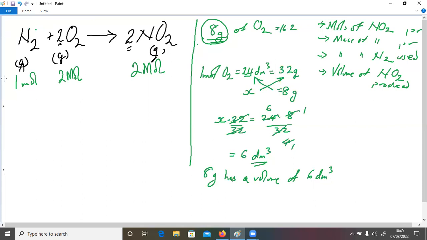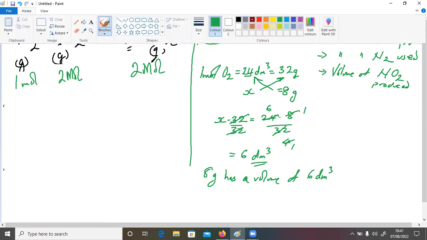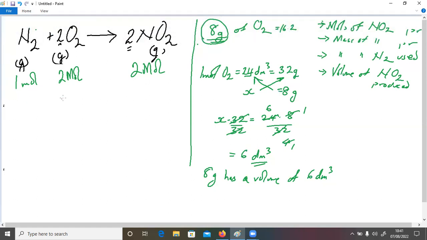So coming to our equation here, I already said that one volume of nitrogen gas reacts with two volumes of oxygen gas to give me two volumes of nitrogen dioxide. In this case, I have 6 dm cubed of oxygen gas.